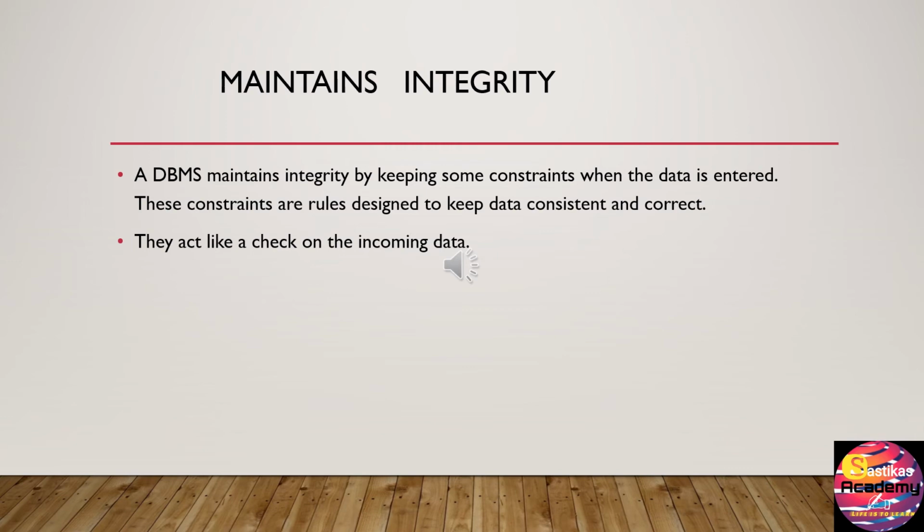It shows the wrong information you entered. Or you are allocating a rule, only 7 digits or only 9 digits are entered for a phone number. If you are entering one number less, only 8 numbers, it shows this is not correct data. It's not accepting the data. That is maintaining integrity.